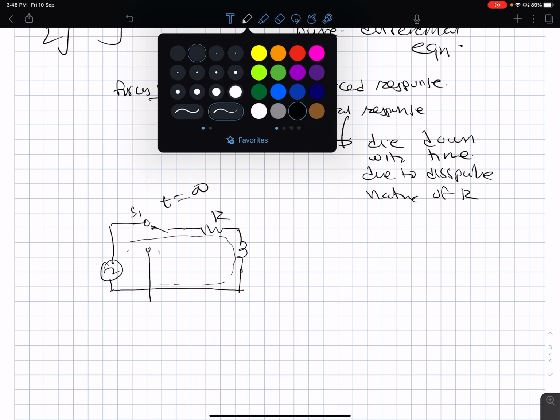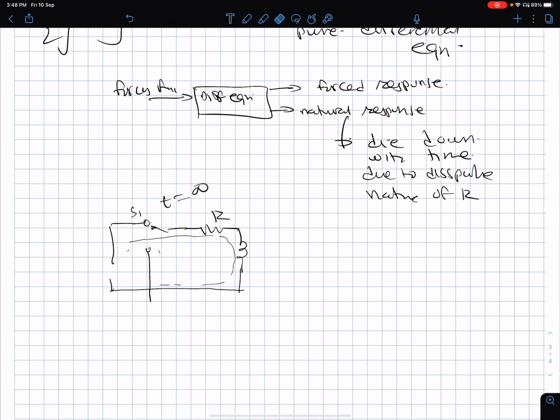So let's say that to keep my life simple, let me make this a DC voltage source. So a current had set up in this circuit in the steady state. At t equal to 0, I am going to move this switch here, and now there is no voltage source.